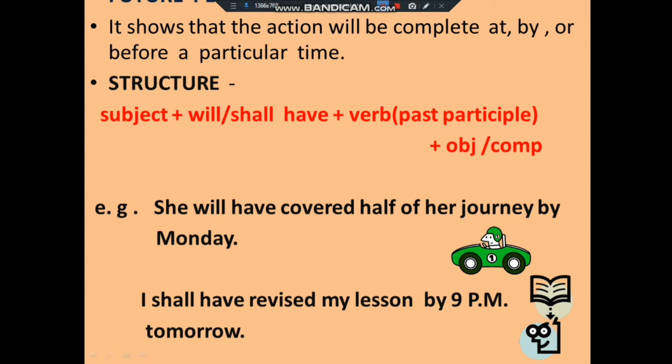Now see the structure: subject, then will or shall accordingly, then have plus verb third form plus object or complement accordingly. Now let us look into an example. She will have covered half of her journey by Monday. We are predicting about her journey, that before Monday she will have covered half of it.